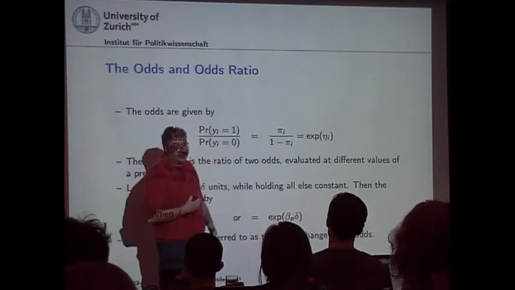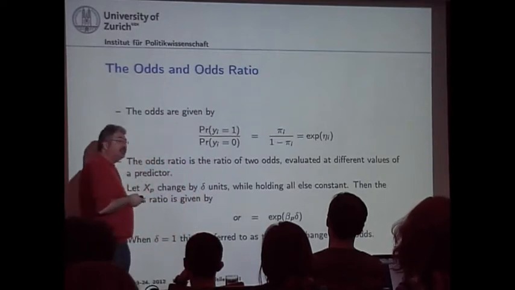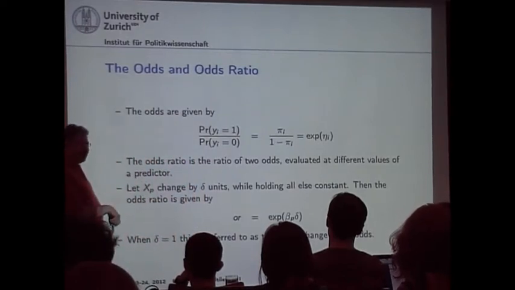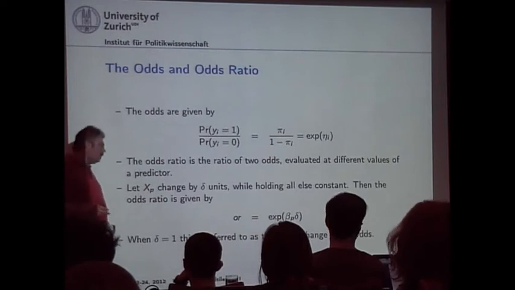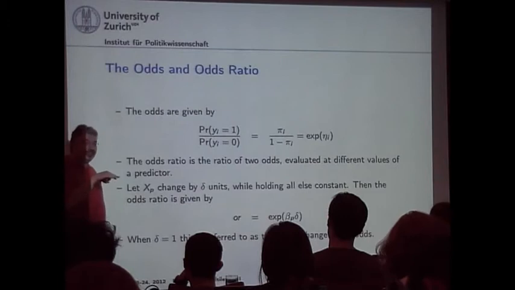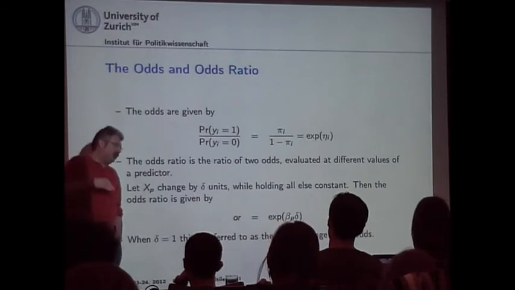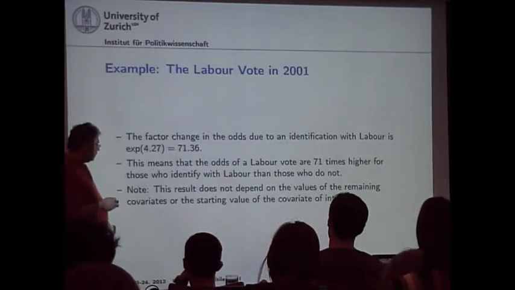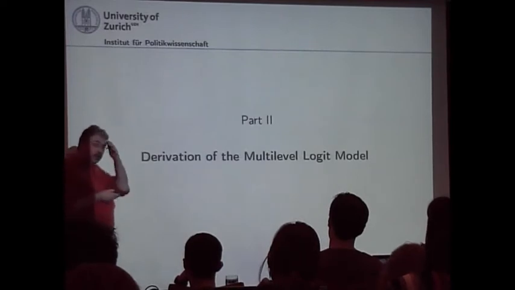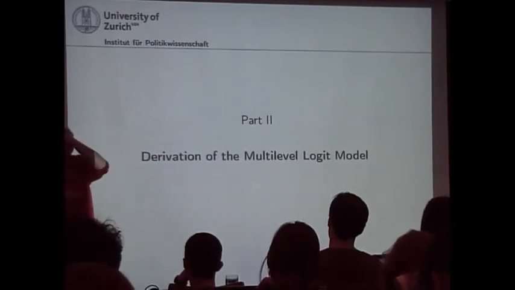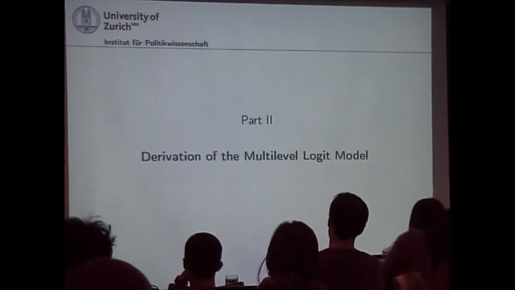Odds are increasing as x increases. If beta is negative, then this odds ratio, the factor change in odds, is a number between 0 and 1, which means that the odds are decreasing. Does that all sound familiar?